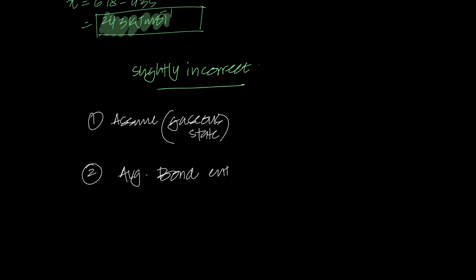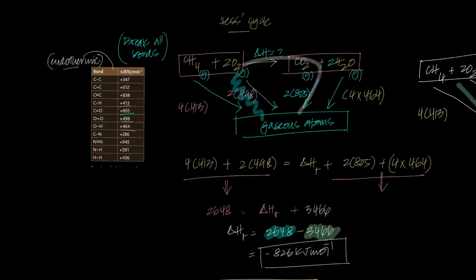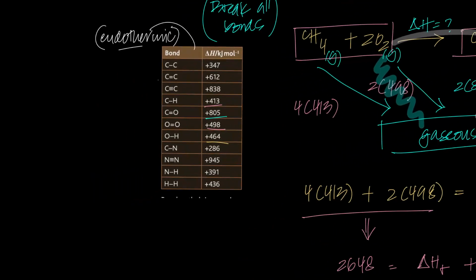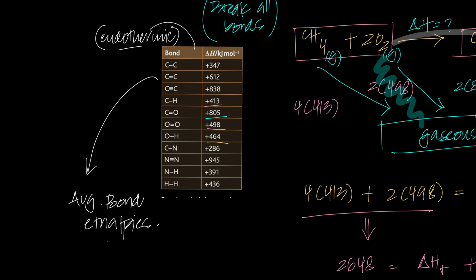You'll see the word average bond enthalpies in your exams as well, so don't get confused. Average bond enthalpies is basically this table. It's not the actual bond enthalpy of the C-C bond, it's an average bond enthalpy.